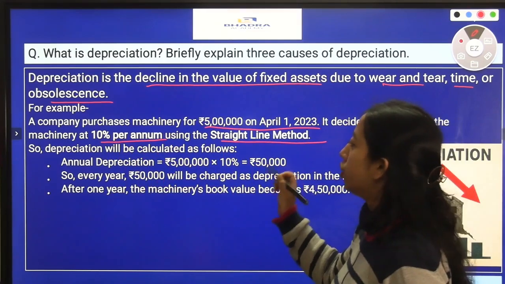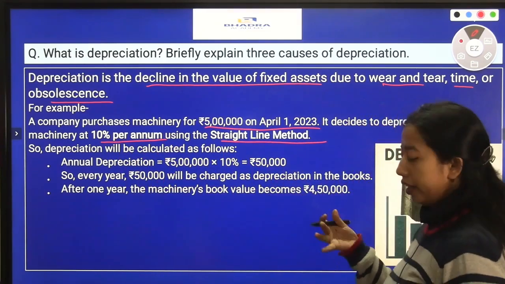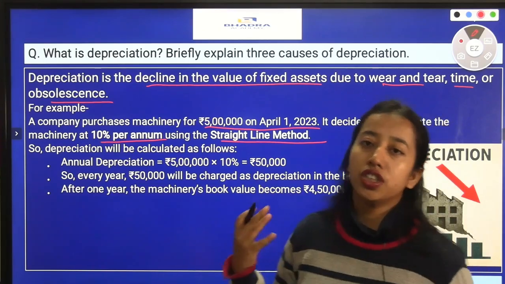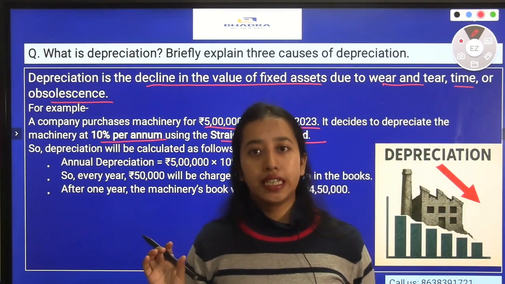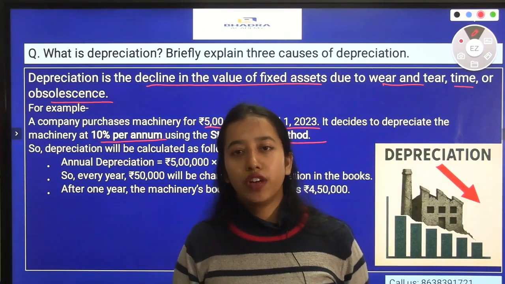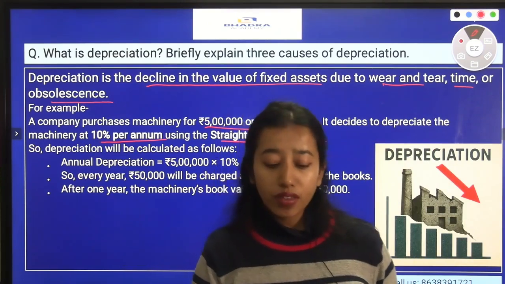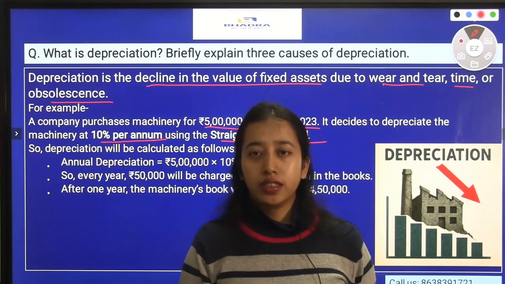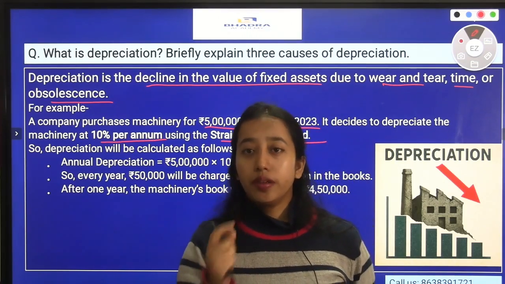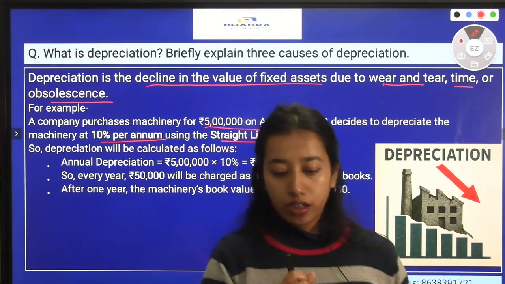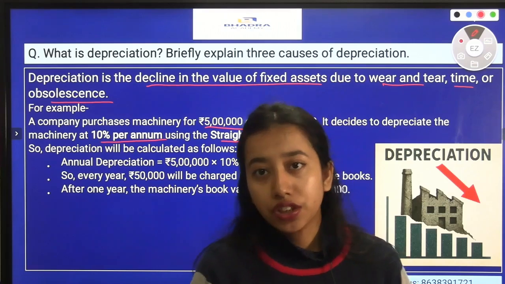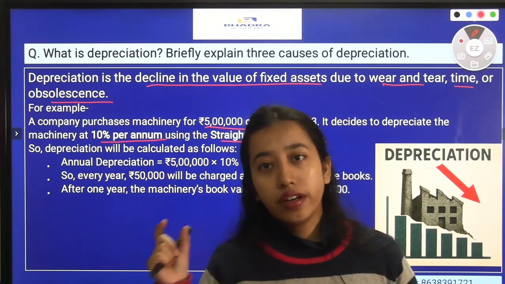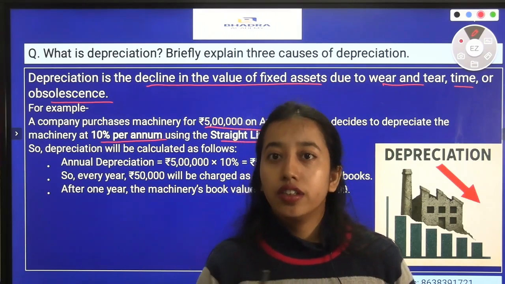So depreciation will be calculated as, again, as I said, what is depreciation? It is decline in the value of fixed assets. So in accounting, when the business buys a fixed asset, suppose machinery, every year it will charge depreciation on that particular asset.